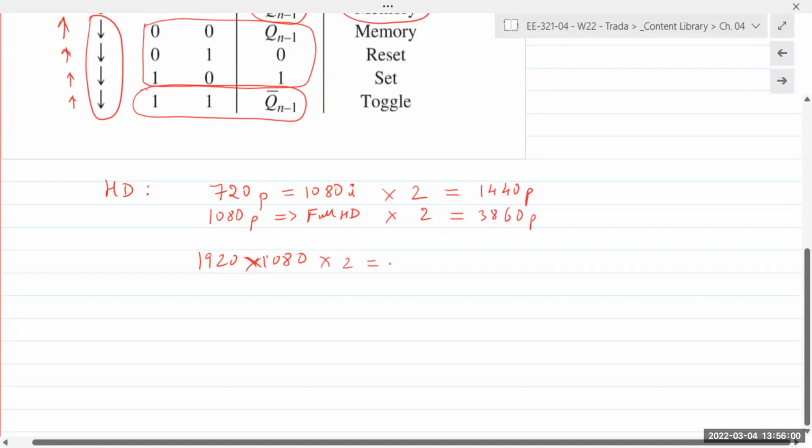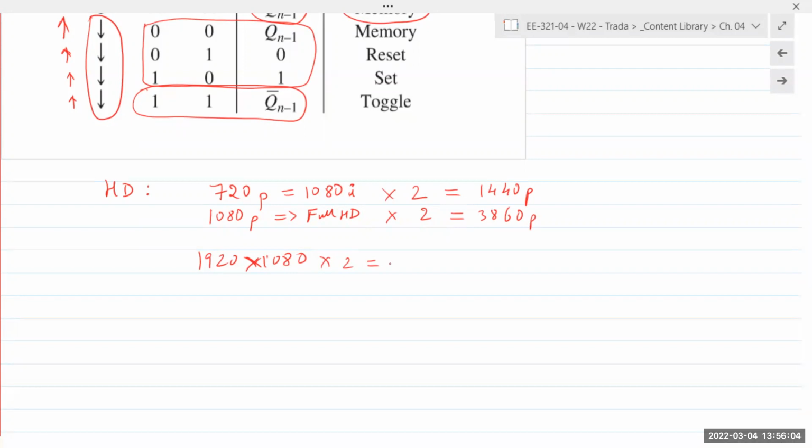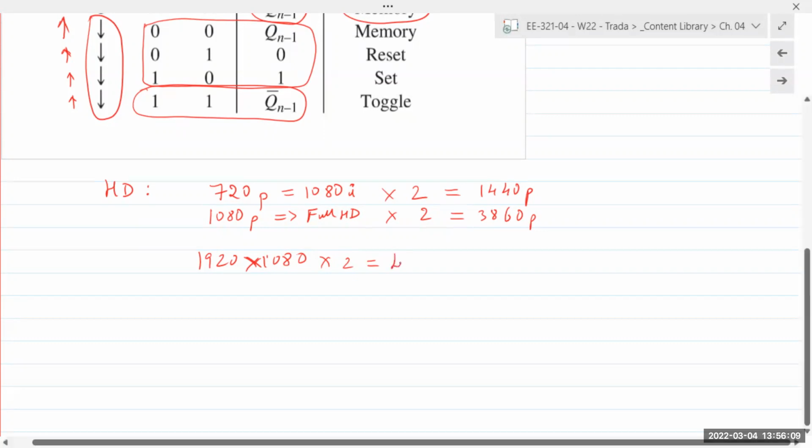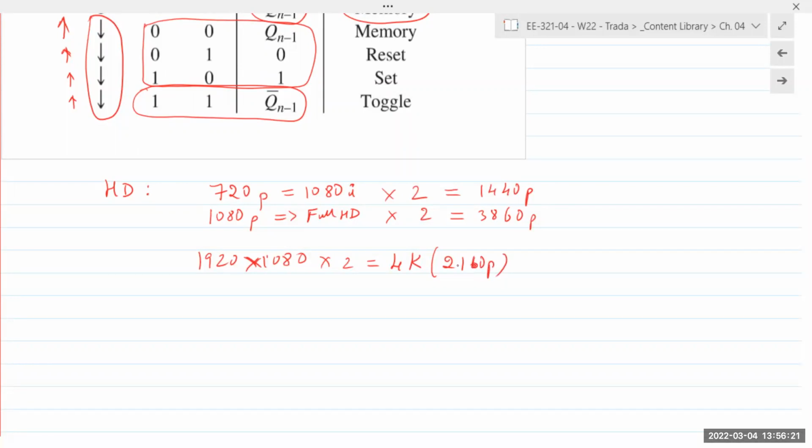So twice the full HD resolution is what we call 4K. This is now known as 4K. In reality, this 4K should be 2160p. No one knows why or how. Somebody decides to pick some terminology at first, and then it just sticks, and then it gets lost. Anyway, this is just the recent confusion.